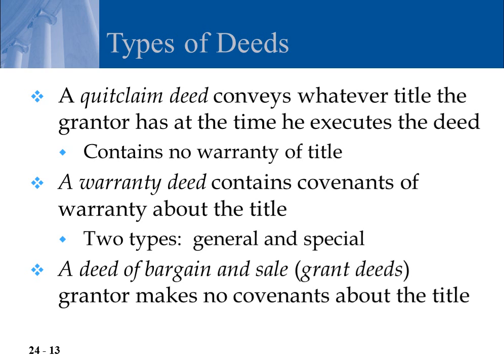So that's the best deed, the strongest deed that you can have, because if anything arises, that person who sold you the property is going to pay for any lawsuits, any legal fees, whatever it takes to defend the new buyer's title. A special warranty deed, the grantor warrants against and agrees to defend against title defects and encumbrances that arose after she acquired the property.